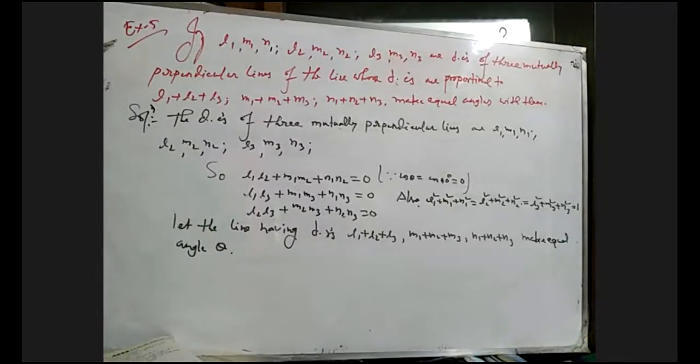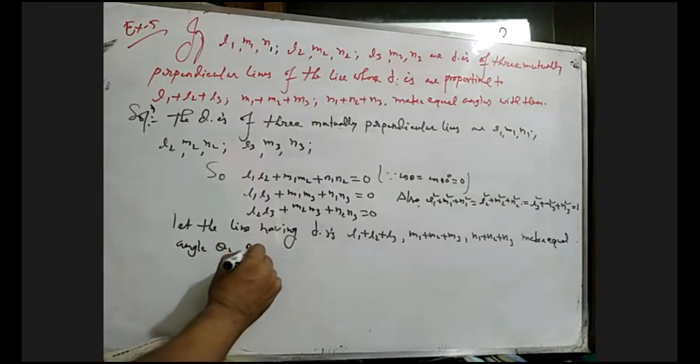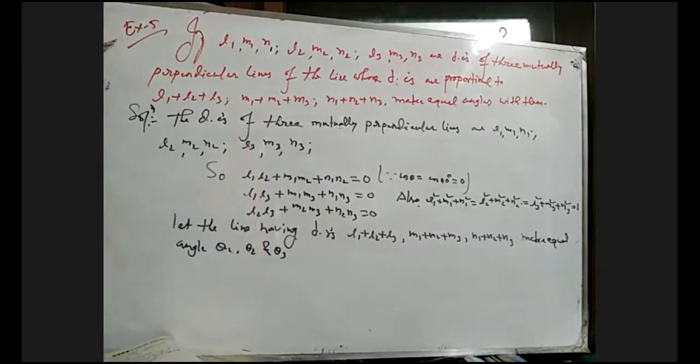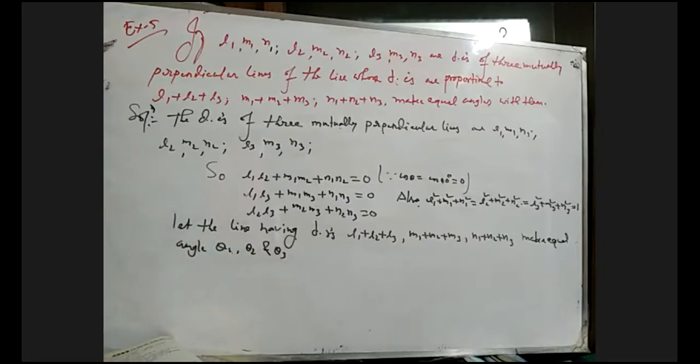We are considering the angles as theta 1, theta 2, and theta 3 for the three mutually perpendicular lines: for the first line theta 1, for the second line theta 2, and for the third one theta 3.